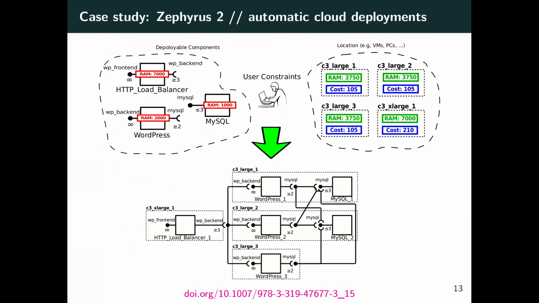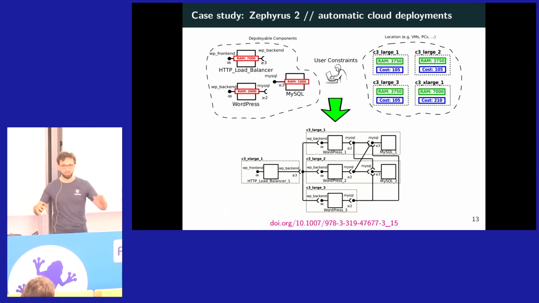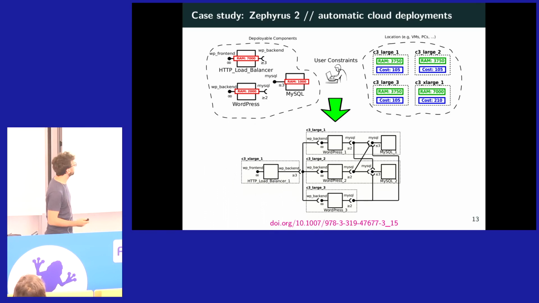Then we had a project where we dealt with automatic configuration of cloud applications. So assume you have a big website where you cannot get away with just taking a big virtual machine, but you have to deploy multiple databases as a backend, multiple web servers, a load balancer in front.